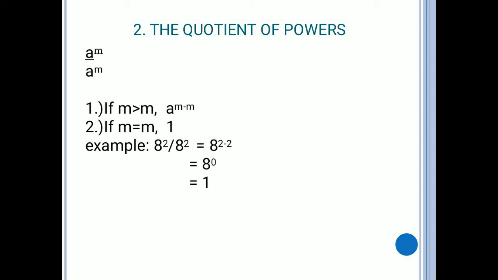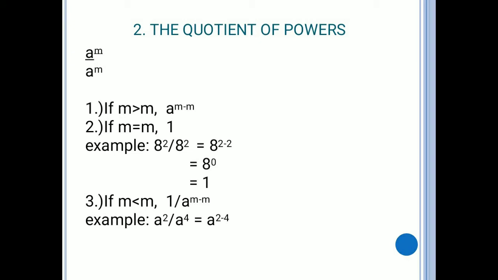Okay? Okay, yung pangatlo naman ay if m is less than m or yung exponent ng numerator ay mas mababa sa exponent ng denominator, ang gagawin natin ay reciprocal. For example, a raised to 2 over by a raised to 4.